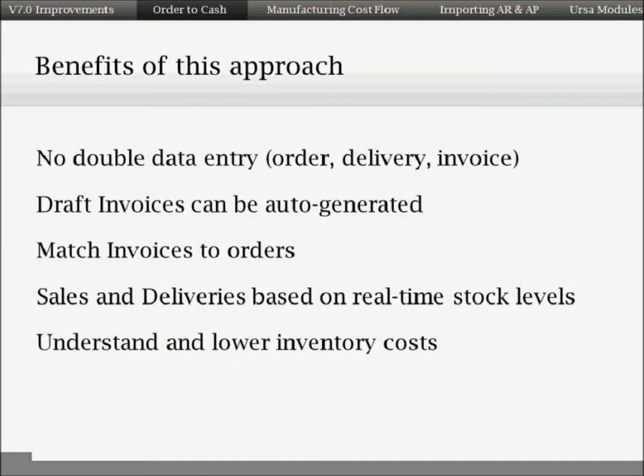OpenERP can generate draft invoices for you automatically, or it can allow you to create them when it suits you. You saw that we could match invoices and we could match POs to the document that OpenERP had automatically created for us. And so when you configure your system this way, your sales and deliveries are all based on real-time stock levels.